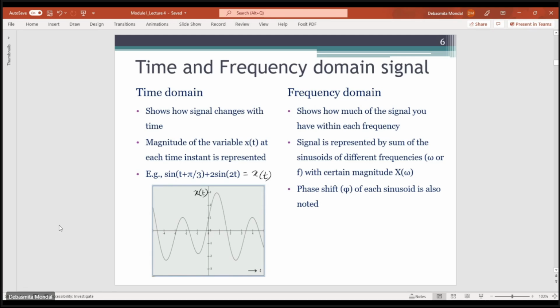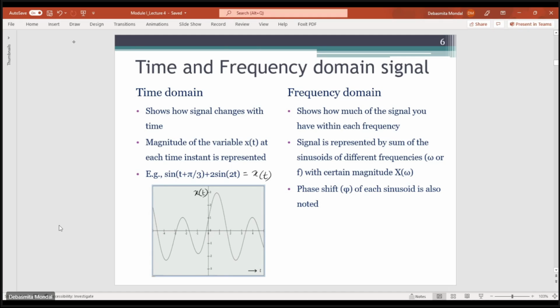In the frequency domain, the signal is represented by a sum of sinusoids of different frequencies. You can express frequency either as omega, the angular frequency, or as f, and each frequency corresponds to a specific magnitude as well as a specific phase.